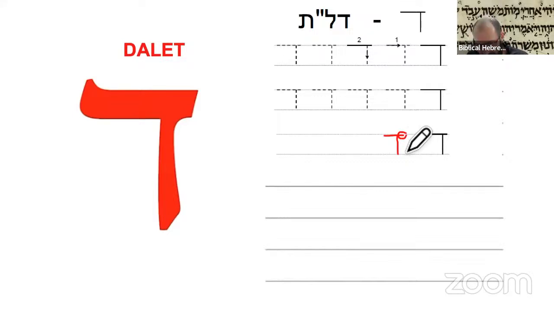Like King David, his name starts with Dalet. So if you know the meaning of the words and the letters and the numerical values, David stayed humble. King David, his name starts with Dalet and ends with Dalet. This is how we write David. This is Vav. So he stayed humble from the beginning of his life to the end of his life.